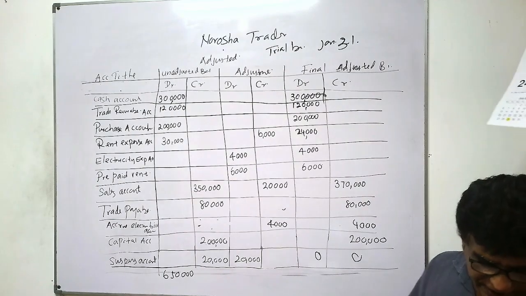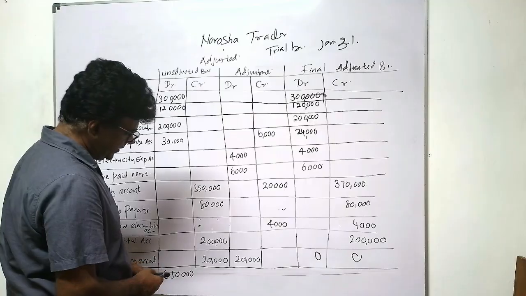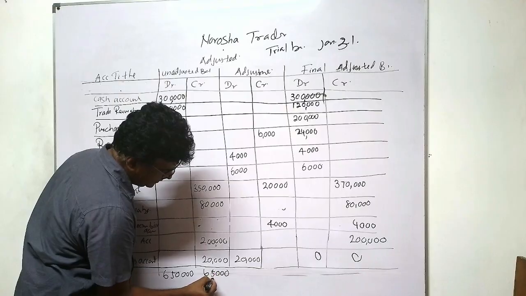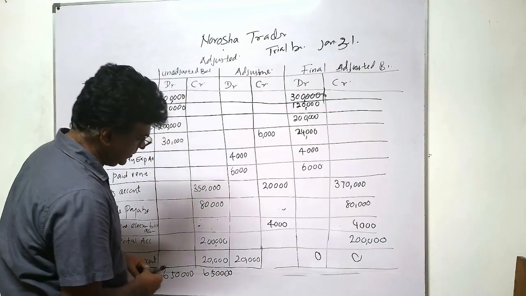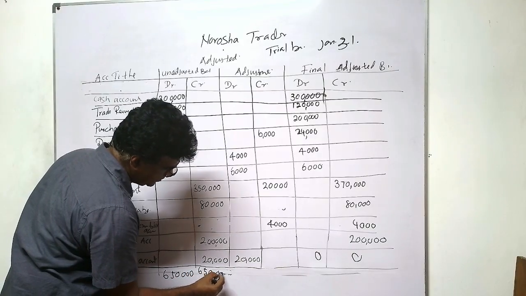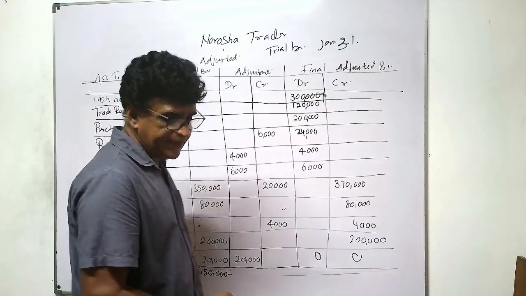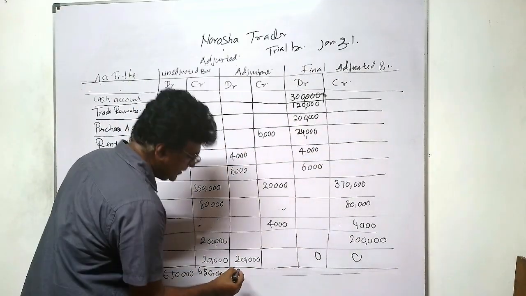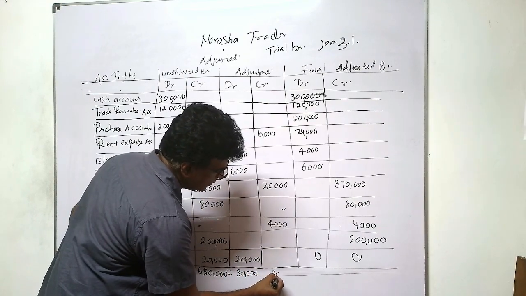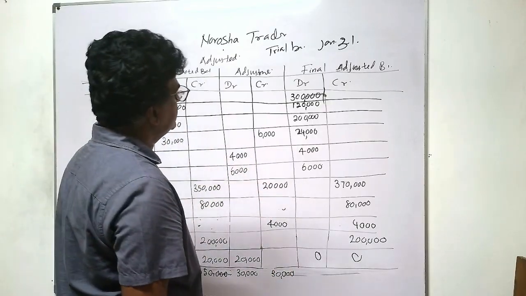The total is 650,000. Next column, 358,000, 220,000, that is 650,000. Then 10,000 and 20,000, that is 30,000. We have done 30,000 adjustments. That tallies.